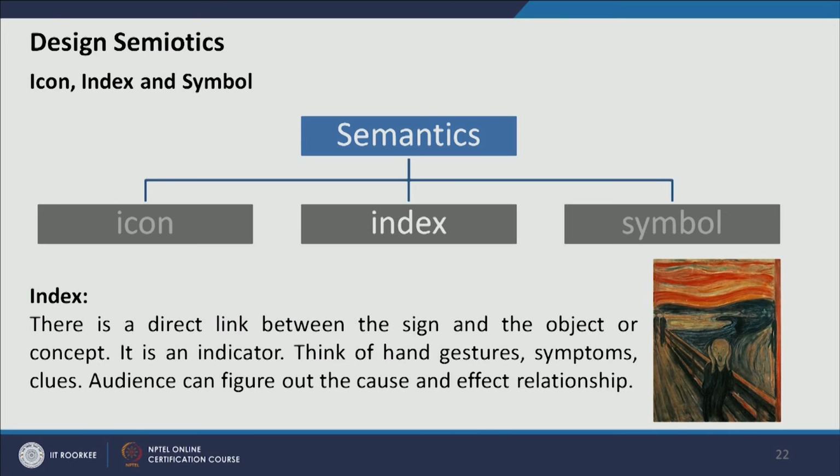Through the color, the line quality, the brush strokes, and the expression of the painted person, it almost resembles that he is horrified, and it has a lot of similarity with a scared face. So all these things together evoke a sensation of scream.